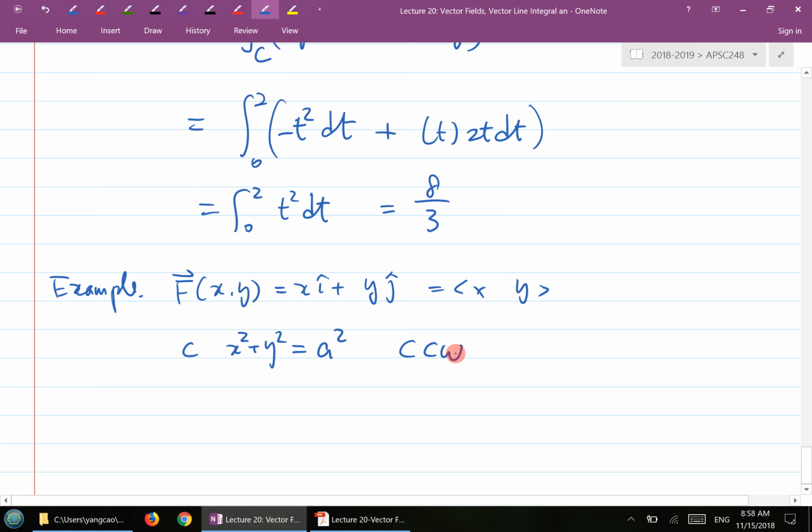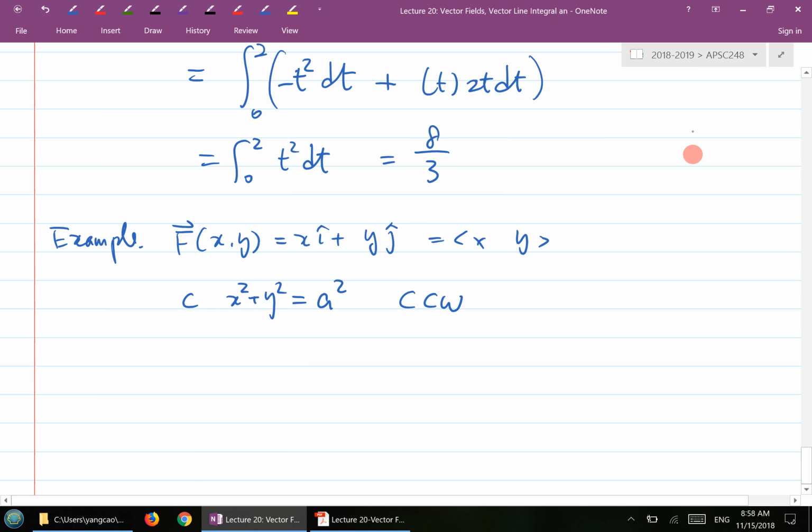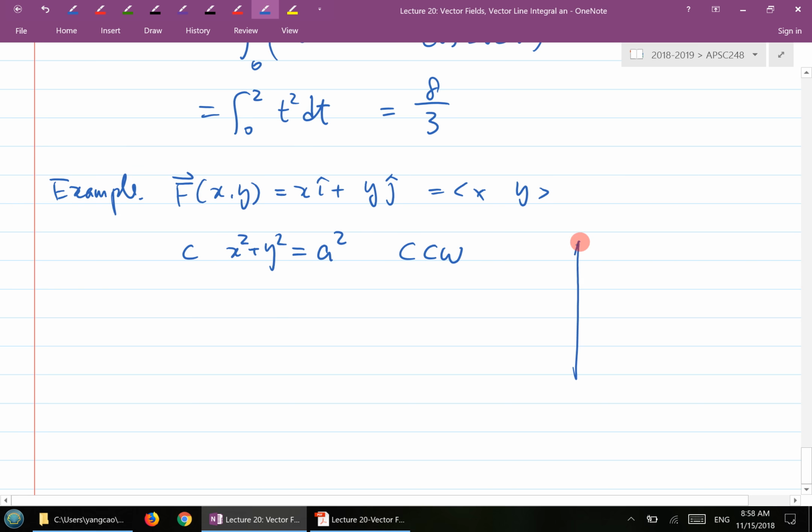So imagine this is a counterclockwise curve C. That's your curve C in here. So the question is, what is the vector line integral of F dot dr here?